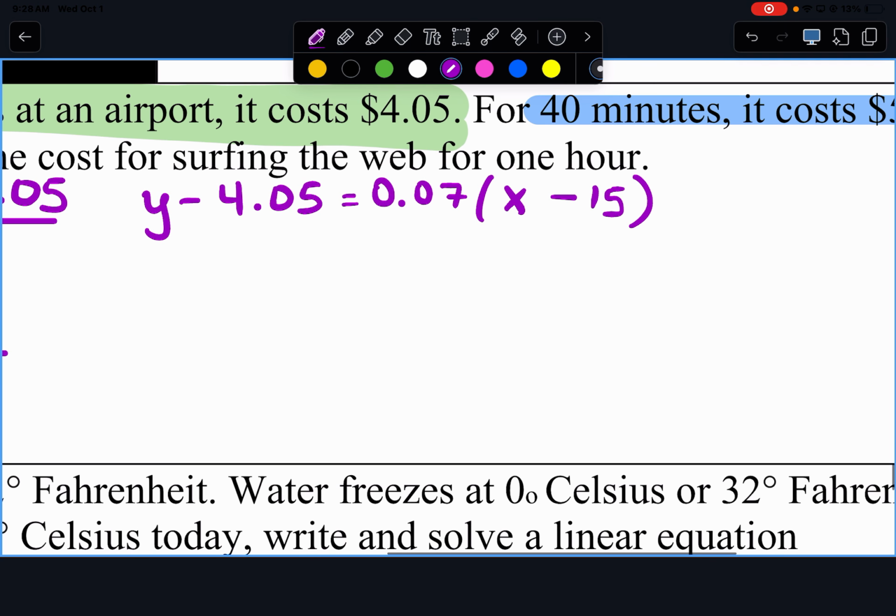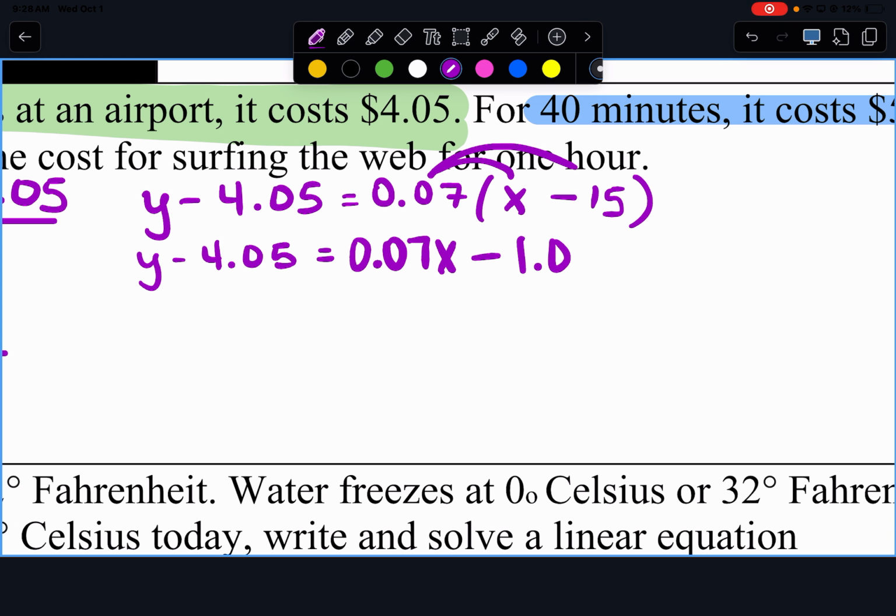So what do I do to solve that for y? I distribute first. What is 0.07 times x? 0.07x. What is 0.07 times negative 15? Negative 1.05. What do I do from here?